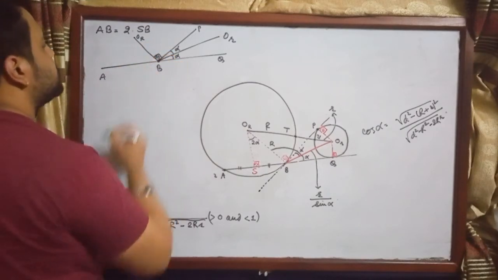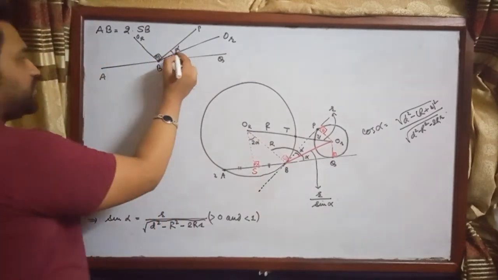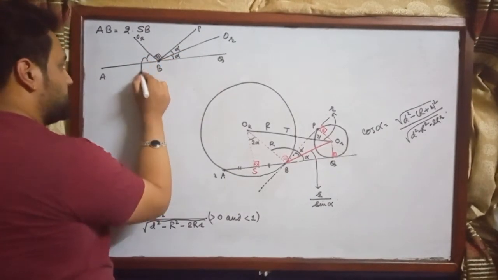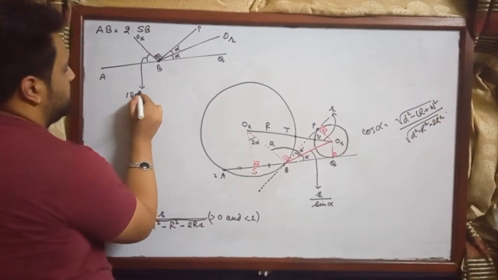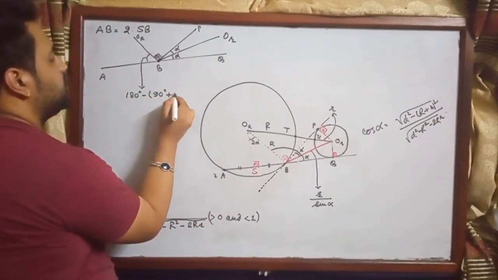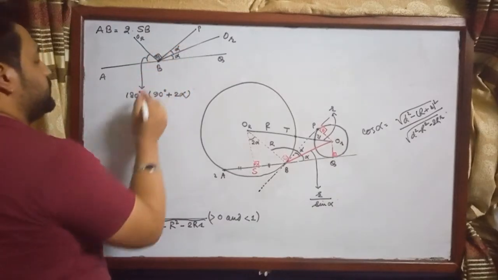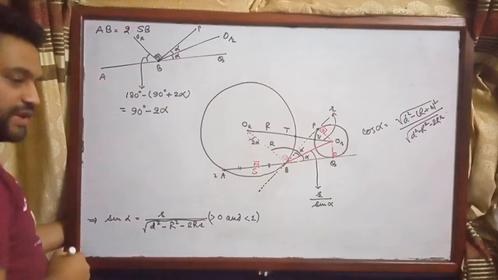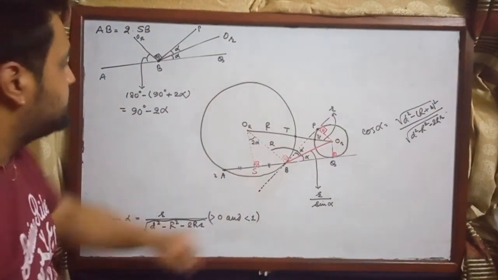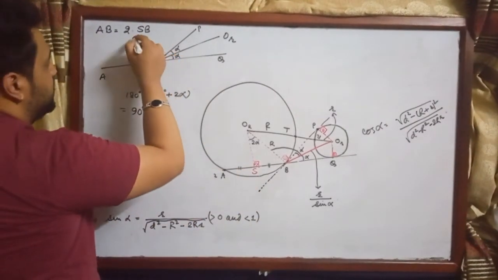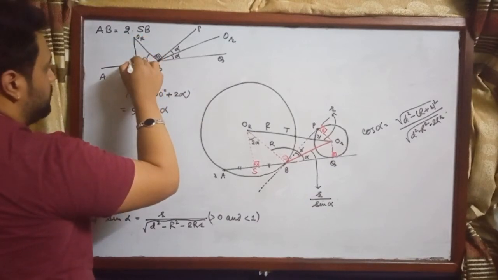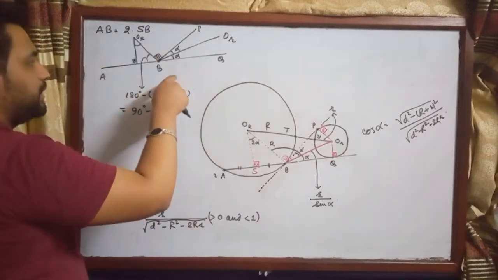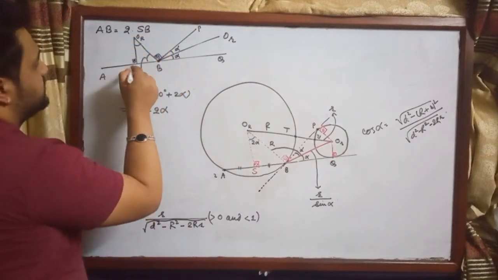This is 90 degrees. So alpha, alpha, twice alpha. So this is equal to 180 degrees minus 90 degrees plus twice alpha, which is nothing but 90 degrees minus twice alpha, right? This angle is 90 degrees minus twice alpha, and we needed this angle BORS.